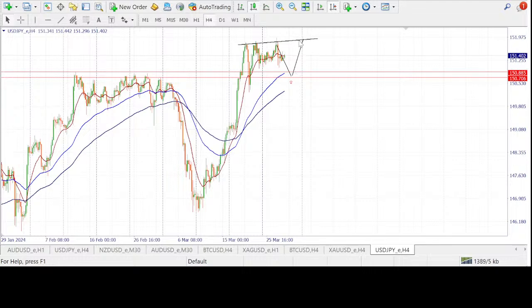So we will be watching price around this point and also along this trend line. Whoever picks a buy from this zone should exit that buy somewhere here. And if the price descends and closes below this zone, then we will expect that the sellers are going to push us even lower, up to around 149.223. Now that's my opinion on this chart.